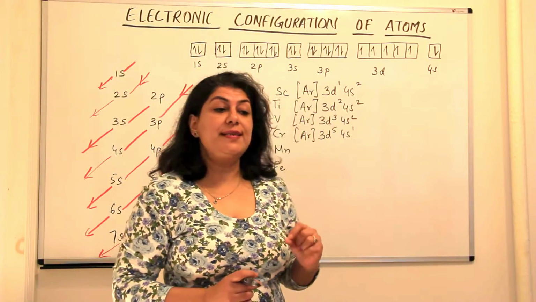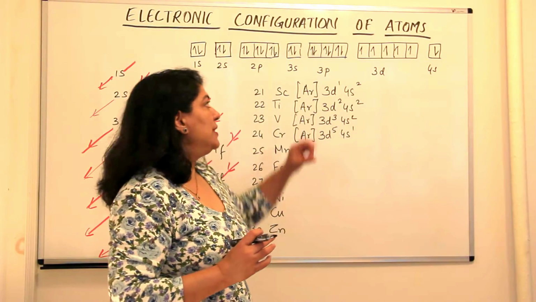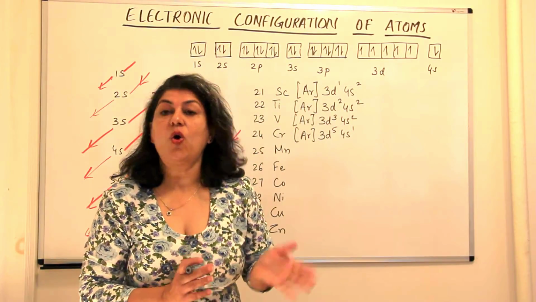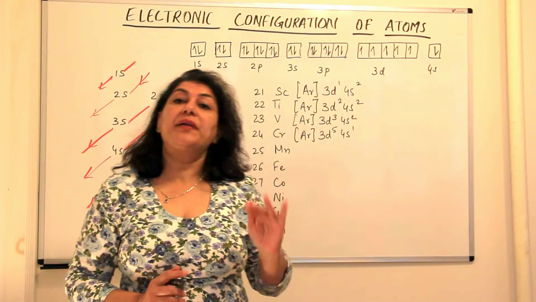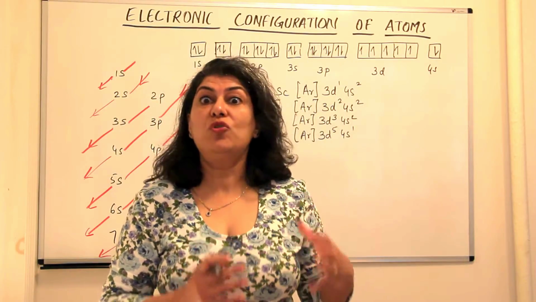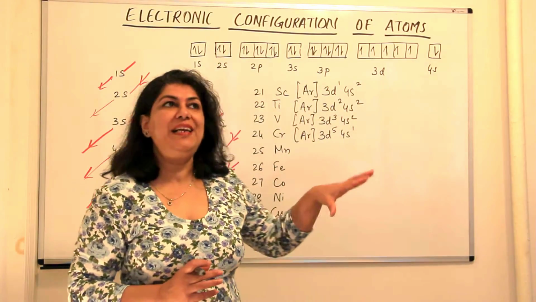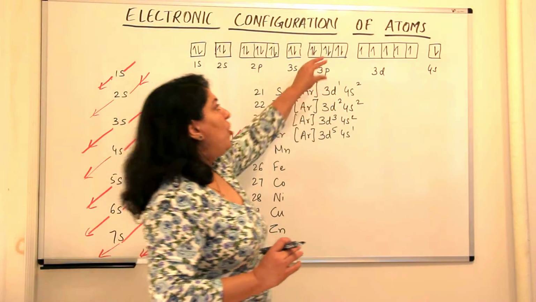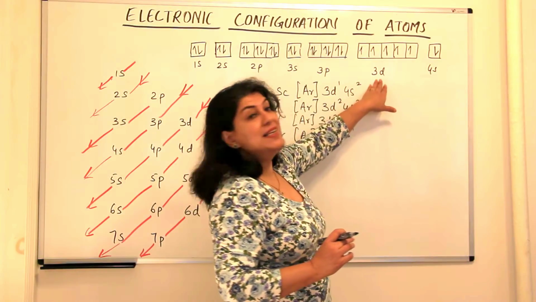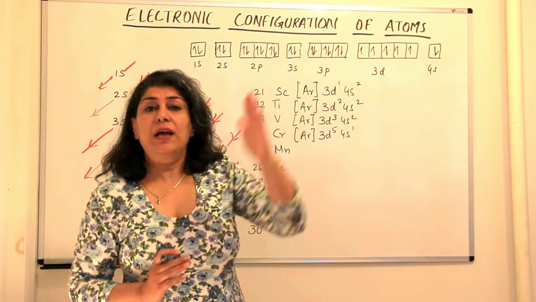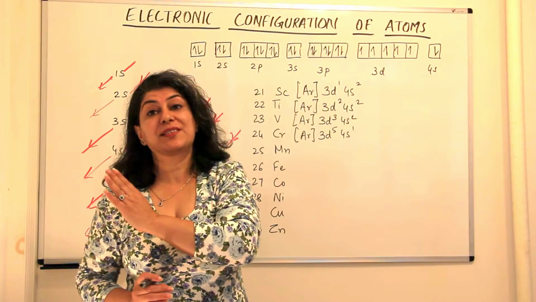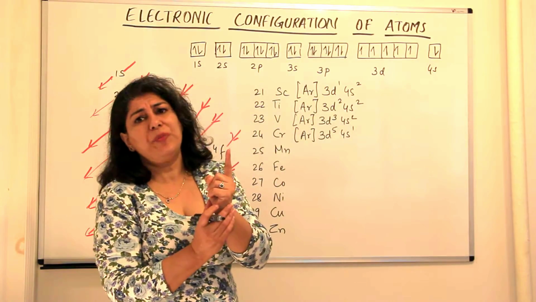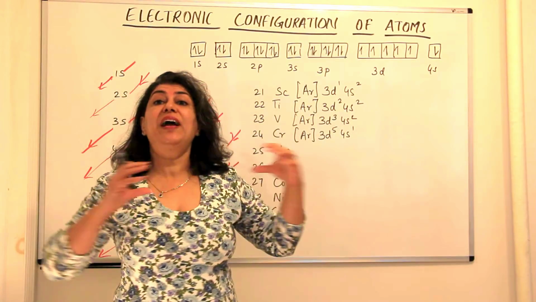The second reason is that whenever these orbitals or subshells are half filled or completely filled, they acquire extra stability. They are more stable. Half-filled and completely filled subshells are always more stable. So, in order to make it half filled, the 3d subshell should have 5 electrons, 1 in each of the orbitals. 4s was completely filled, but it was only 1 orbital, and 3d are 5 orbitals.